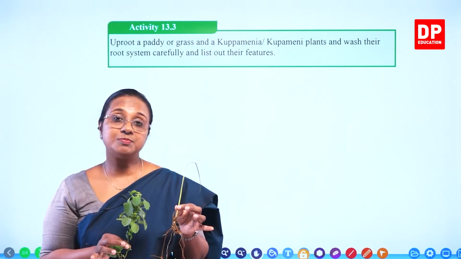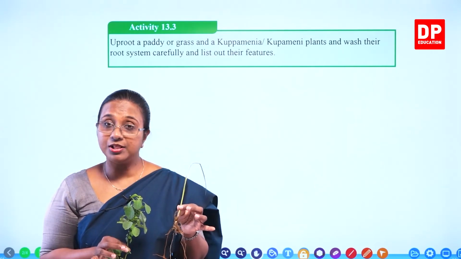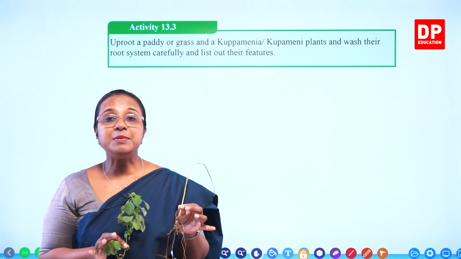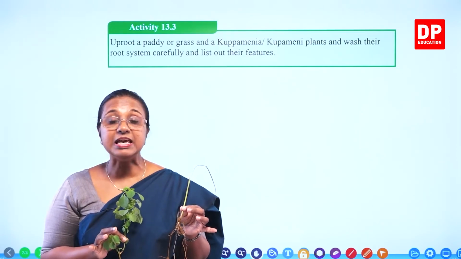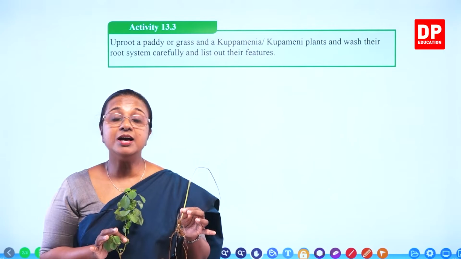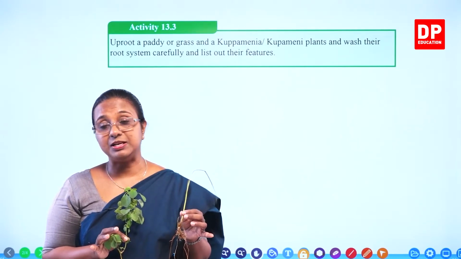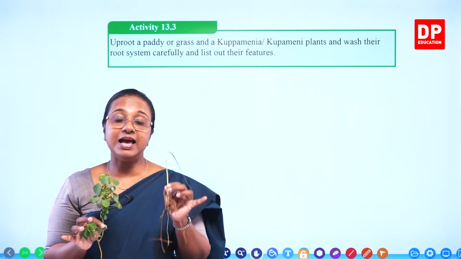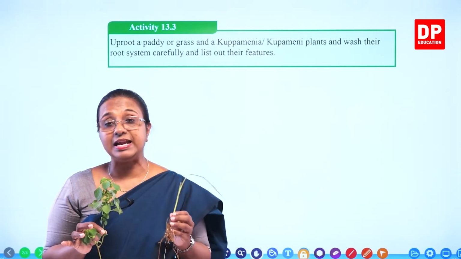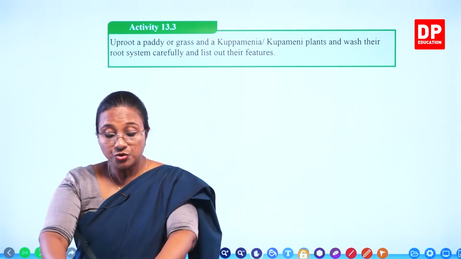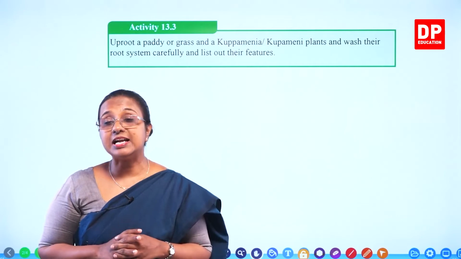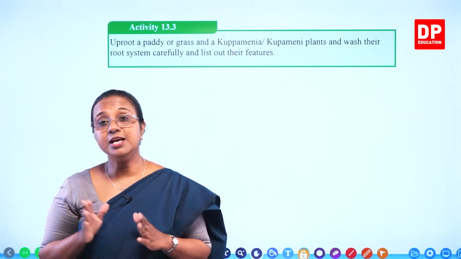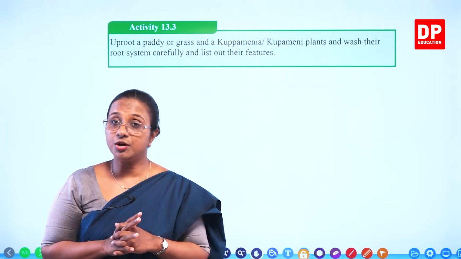Whereas in monocot plants like paddy, the thickness or the diameter of the stem will be even. So those are differences that you see between a Cupomania plant and a grass plant or a paddy plant. From that, students, you all can understand the difference between dicot plants and monocot plants.